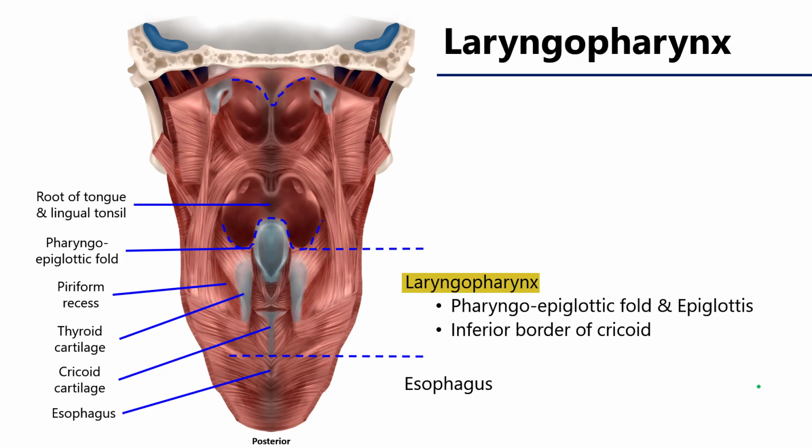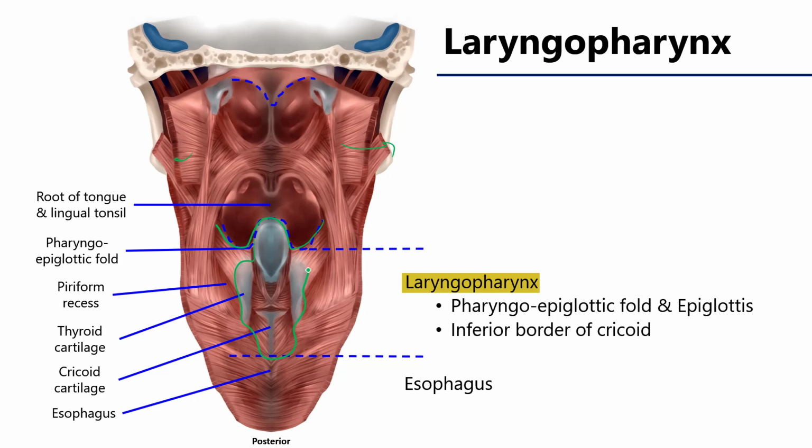So here is a posterior view of the pharynx with the posterior wall of the pharynx incised, open, and removed. So here we can see the pharyngoepiglottic folds, and we can see there's that epiglottis there. So that's the boundary between the oropharynx and the laryngopharynx. We can see the remainder of the larynx here.